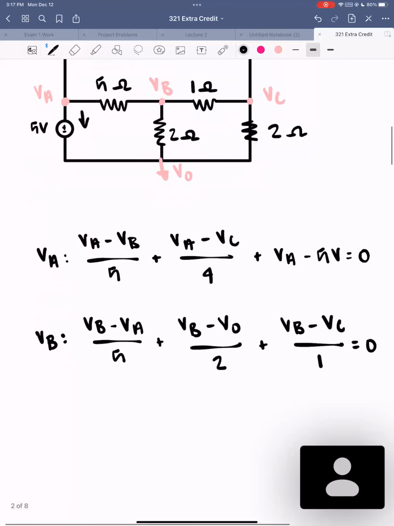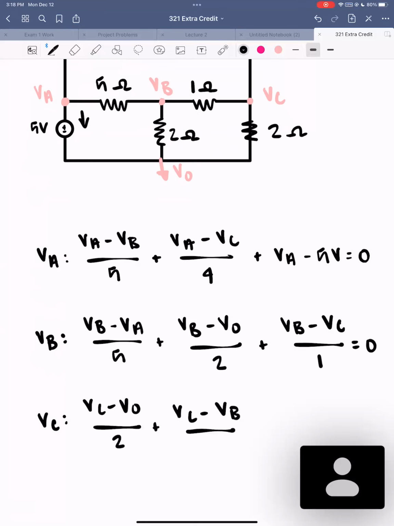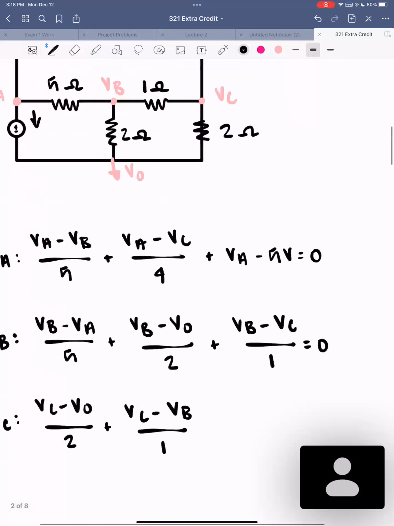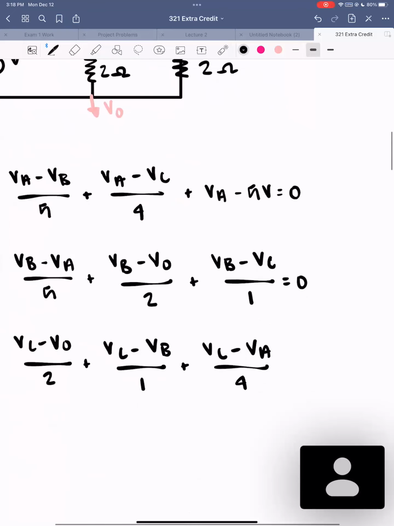And then we will do VC. So VC minus V out, which is ground, all over 2 ohms, plus VC minus VB all over 1 ohm, plus VC minus VA all over 4 ohms. So that's all equal to 0.